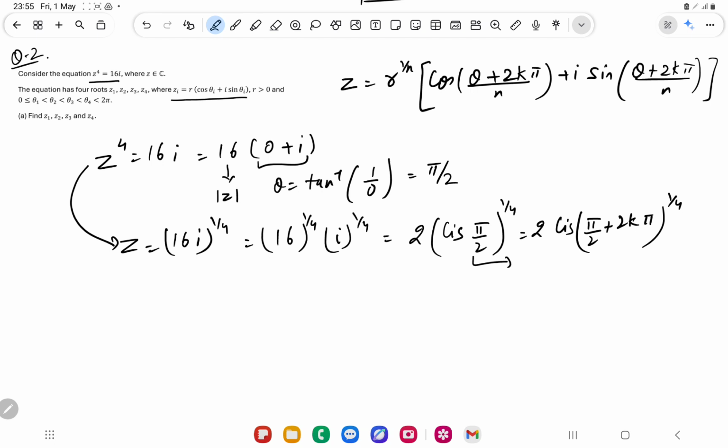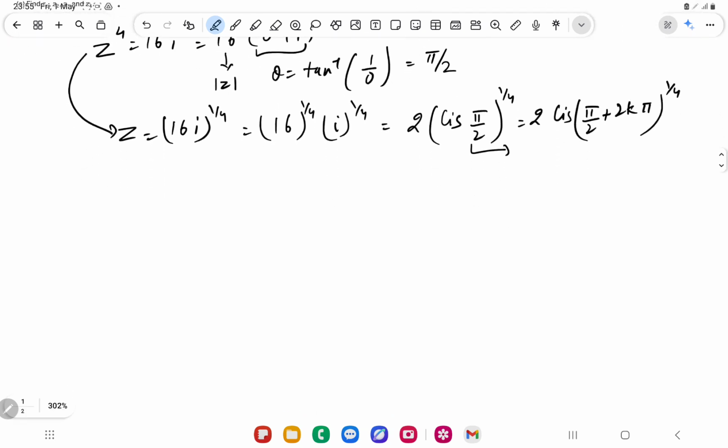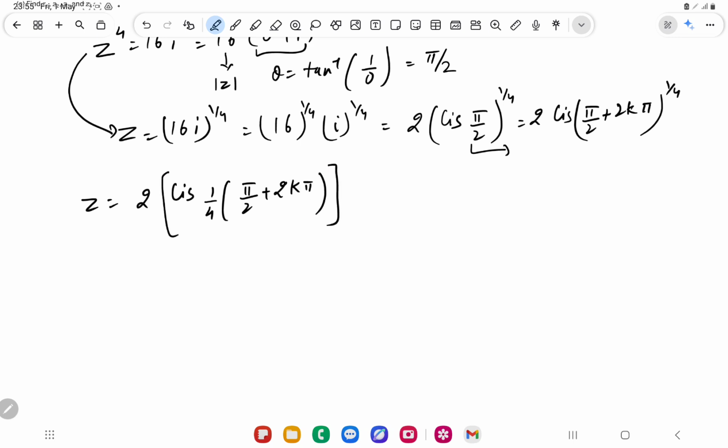Now we can apply de Moivre's theorem and write z as 2 cis of (1 by 4 multiplied by (pi by 2 plus 2k pi)). Now we can put k as 0, 1, 2 and 3.